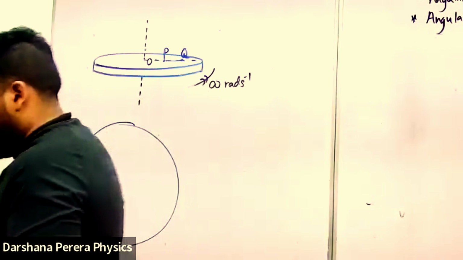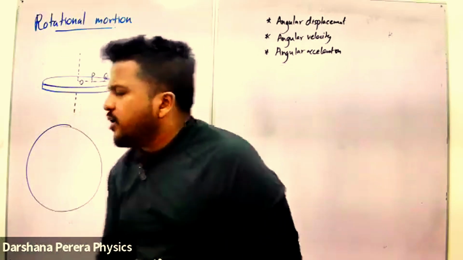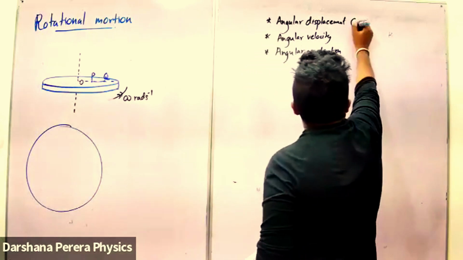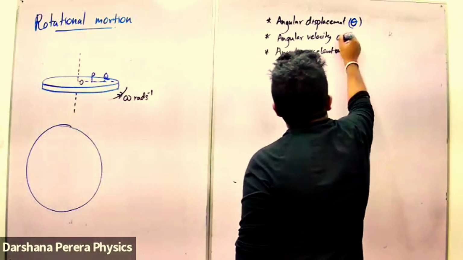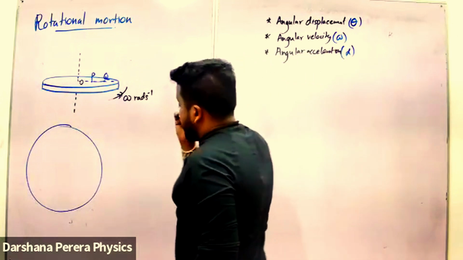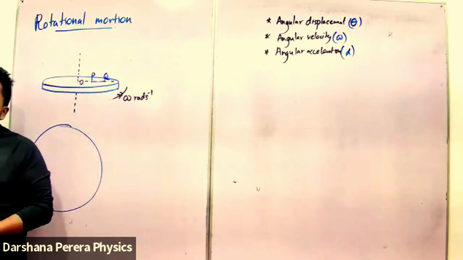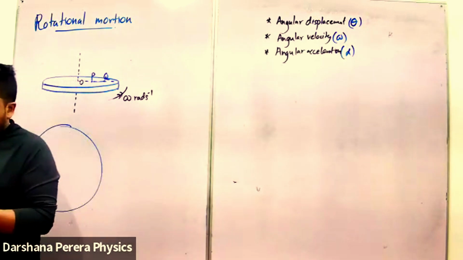That means angular displacement is theta, angular velocity is omega, angular acceleration is alpha. These are the parameters we previously discussed.